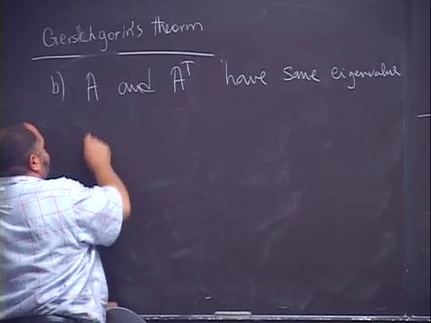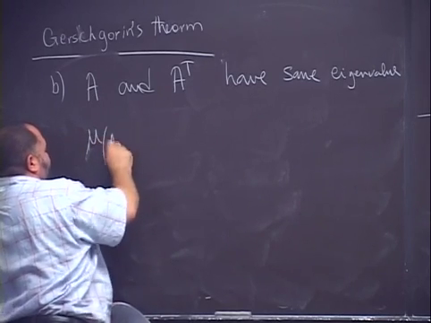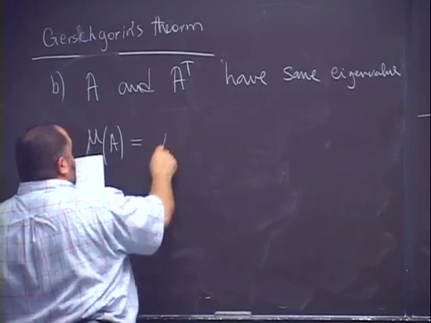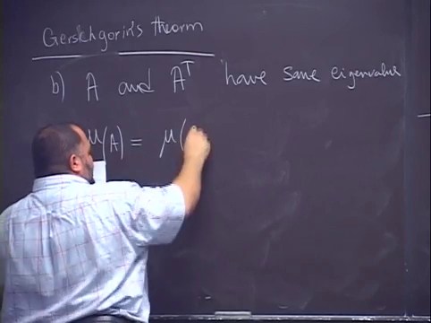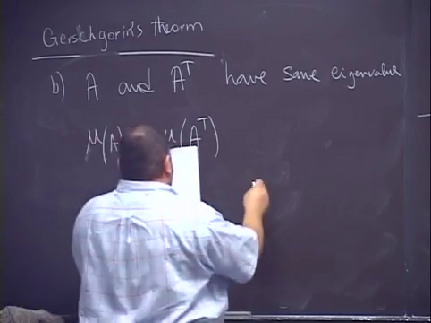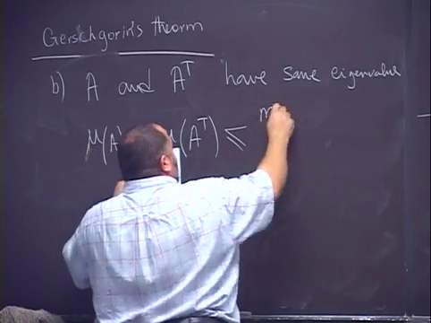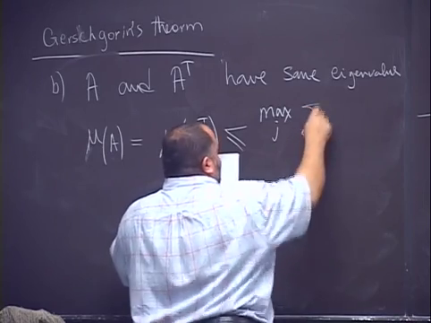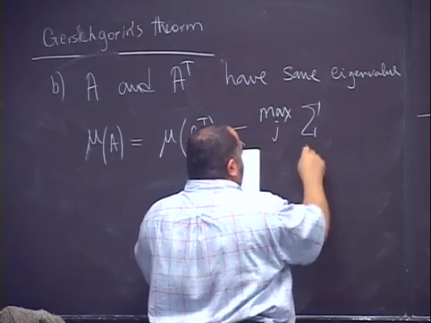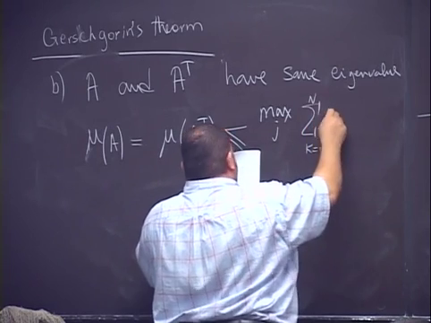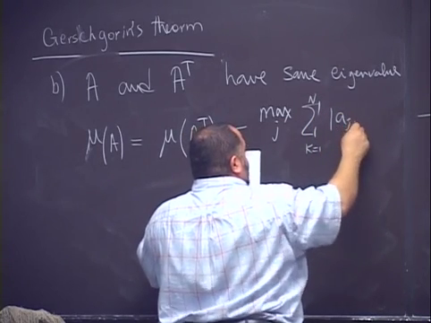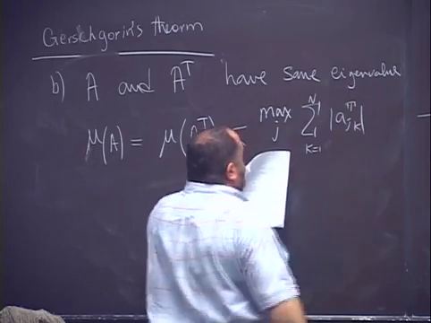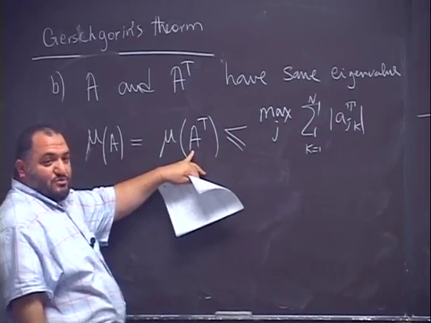So in this case, the spectral radius of the matrix A, we just define it as equal to the spectral radius of the transpose of the matrix, and this should be less than or equal to the maximum over j for the summation of all the jth column, k equal to 1 to n, a_jk, and then I will put transpose here because this is the A transpose.